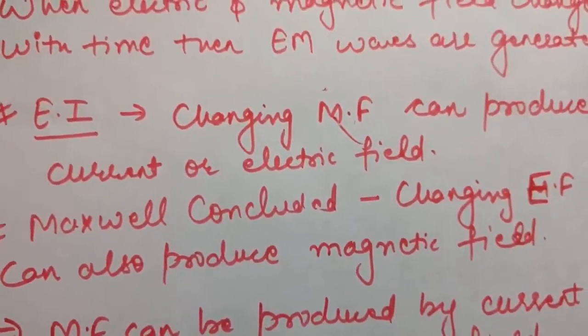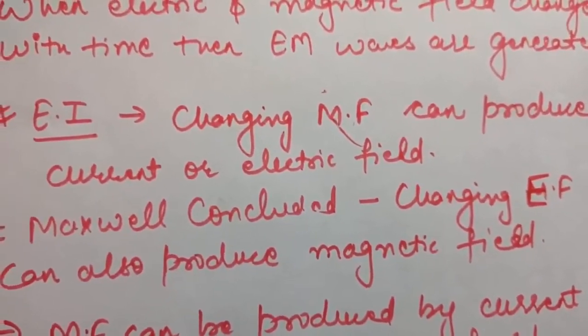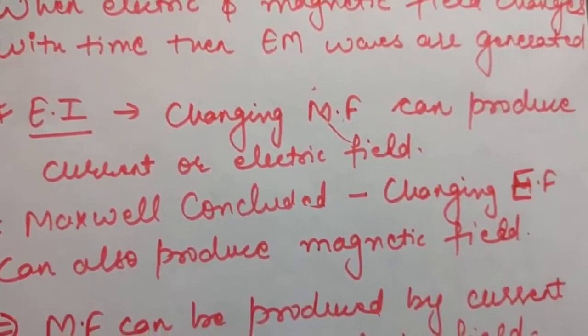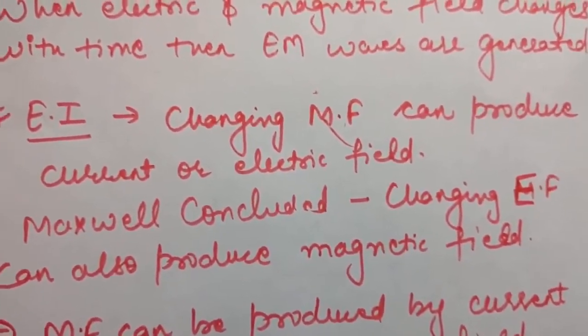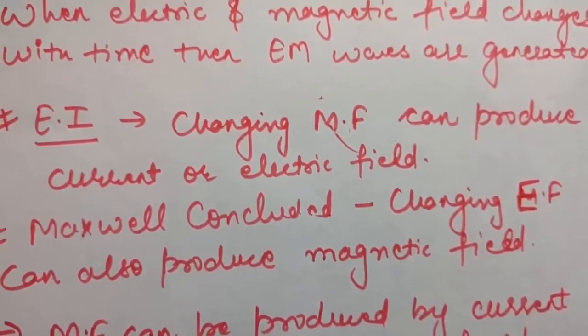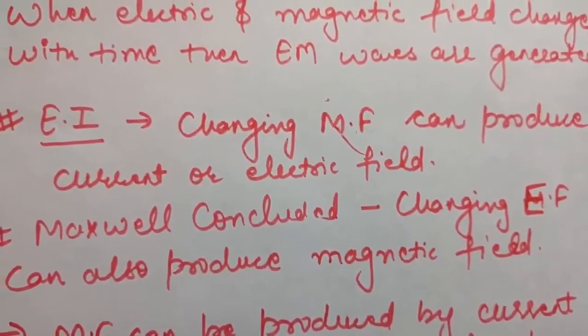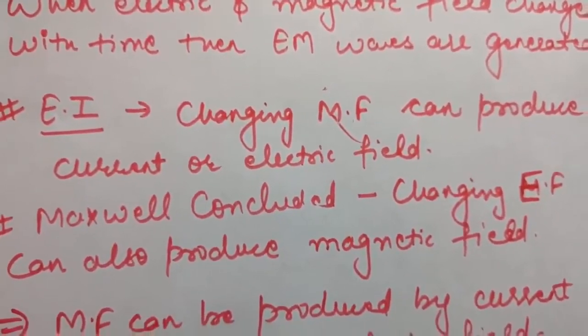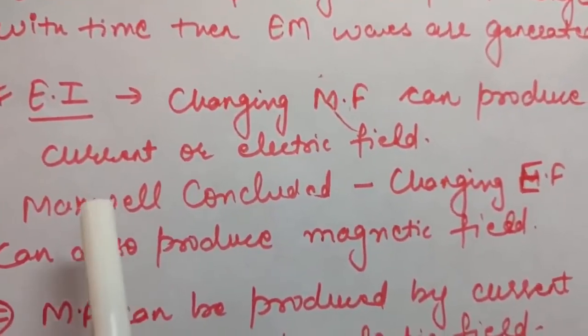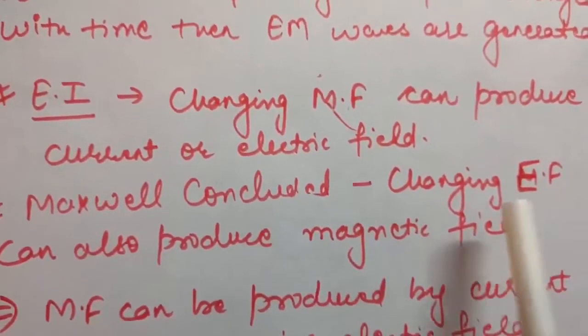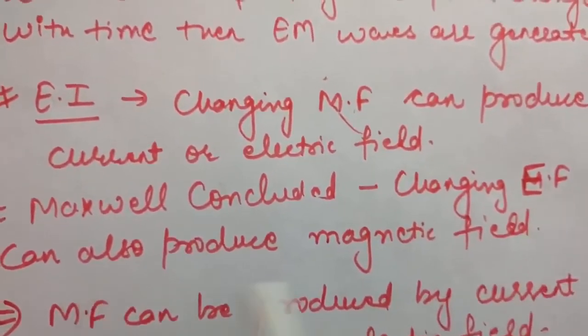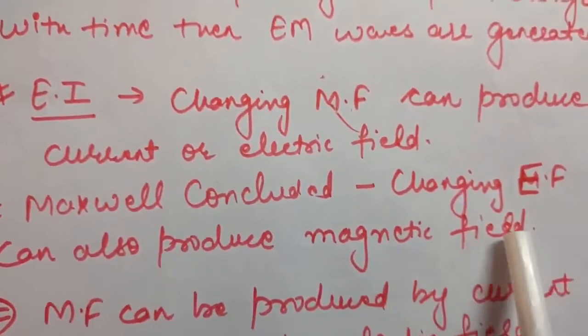In electromagnetic induction, you have studied that changing magnetic field can produce electric field. Now the question is that can a changing electric field produce a magnetic field? That is, is the reverse true? So the answer is yes. And it was concluded by Maxwell. He concluded that changing electric field can also produce magnetic field.